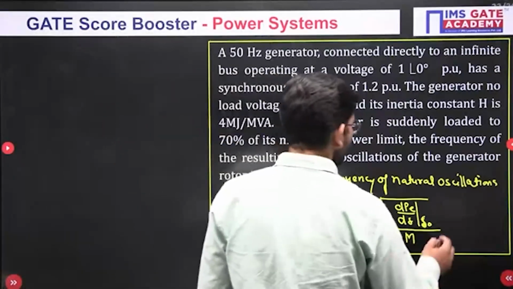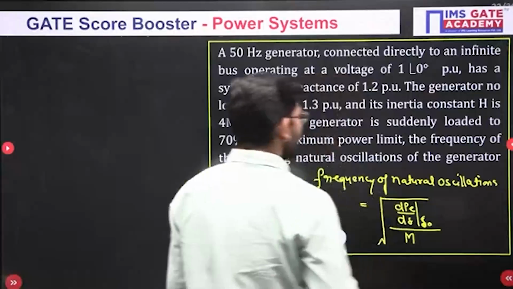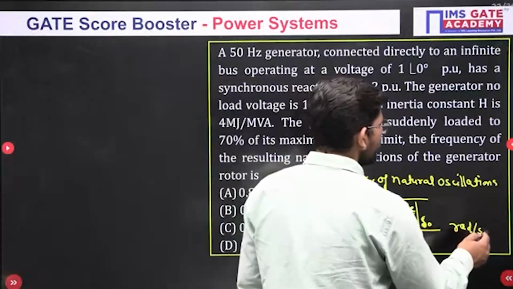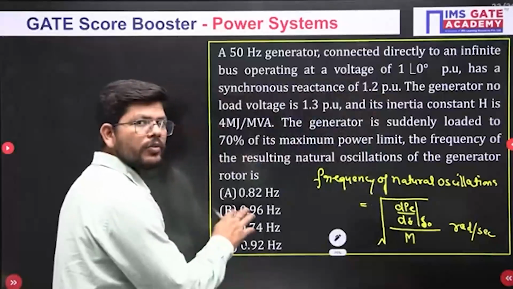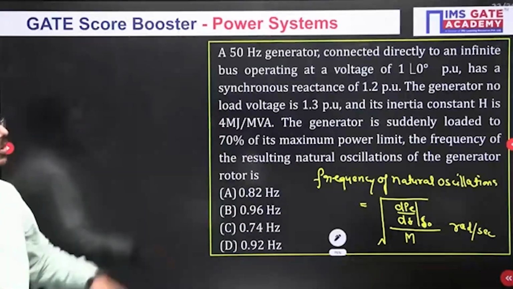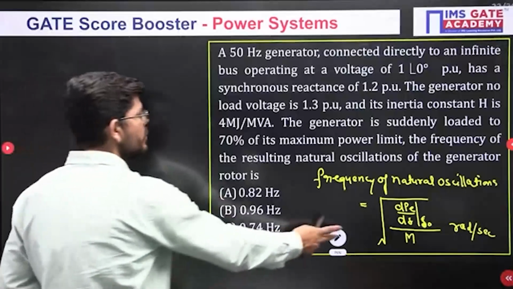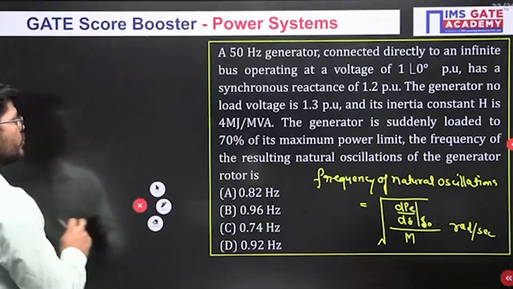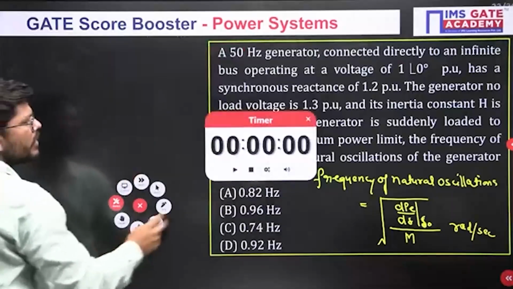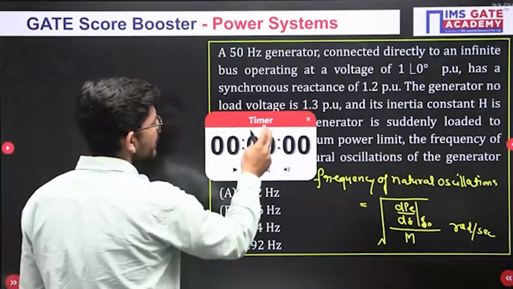You will get the value of the frequency of natural oscillation in radian per second, but you have to answer in hertz, so you will convert that radian per second into hertz. This is the formula that you have to use. I think now you will be able to solve it. You need the value of delta naught and you need to calculate this differential at delta naught.